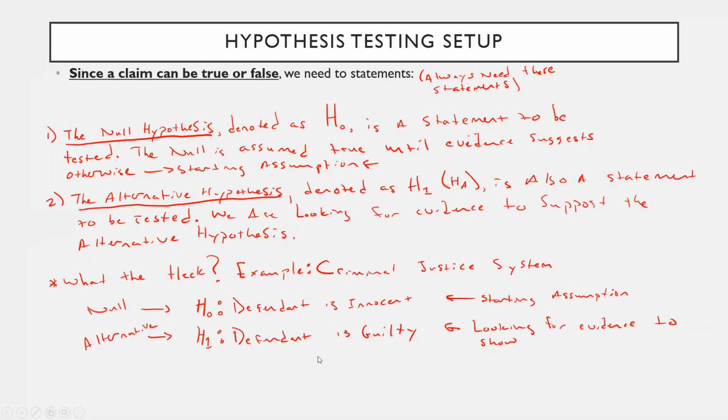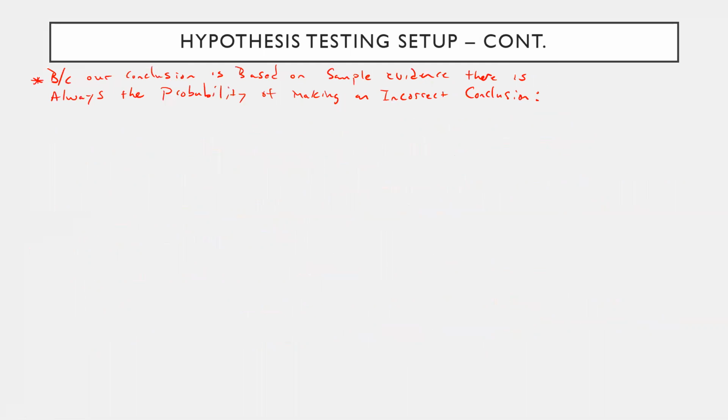Right. So those are two incorrect conclusions that you could make. So an incorrect conclusion is like an innocent person goes to jail, or another incorrect conclusion would be that a guilty person does not go to jail.